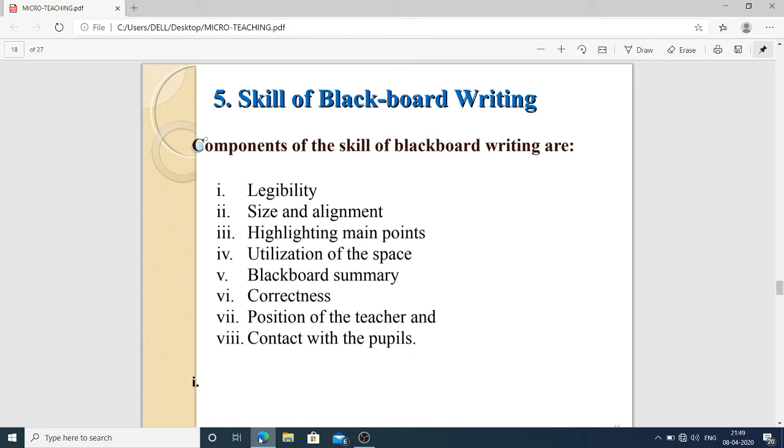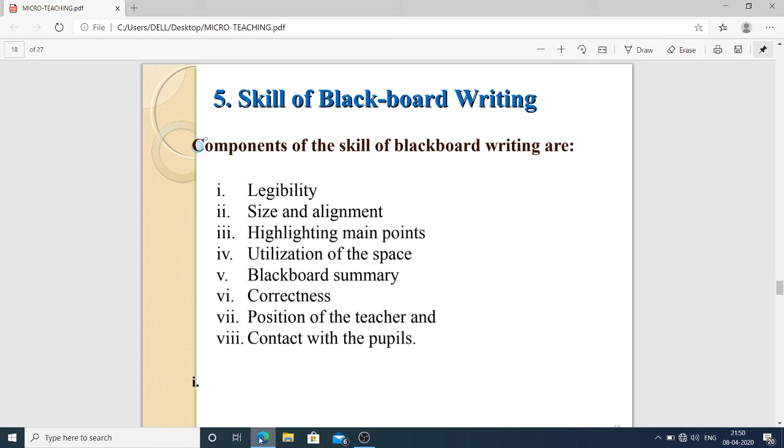Skill of blackboard writing. Components of the skill of blackboard writing are legibility. What does it mean? Whatever you write on the blackboard, your writing should be clear and understandable to the student. Size and alignment.